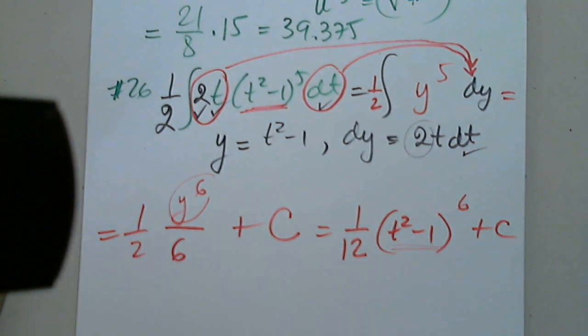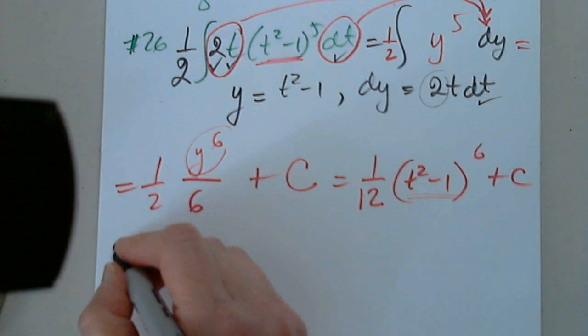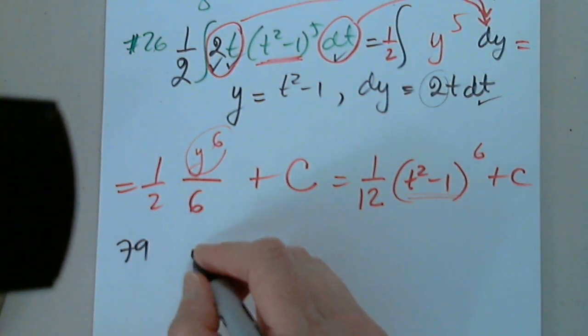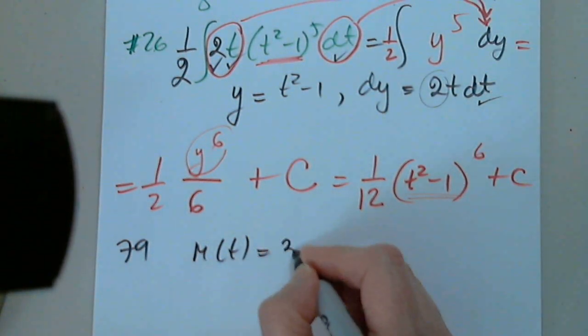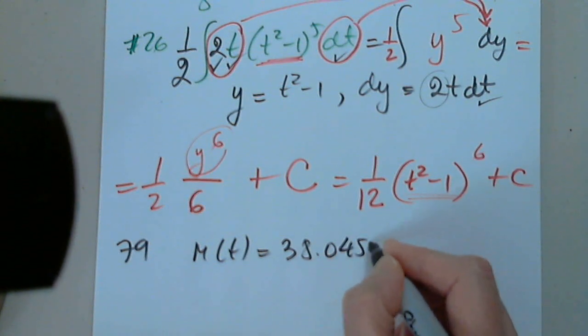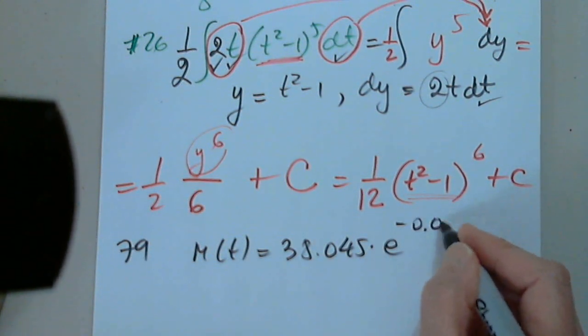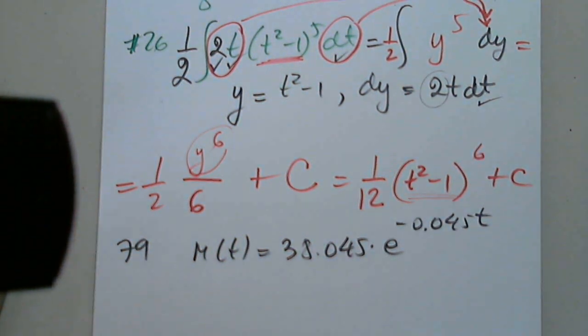I know we have 2 minutes left. Allow me to at least look at one problem. Marriage rates. Okay, 79. We have m of t equals 38.045 times e to the negative 0.045 t.